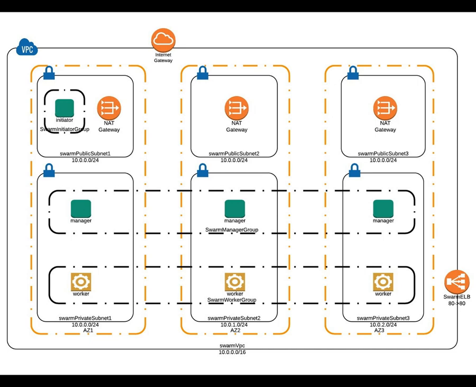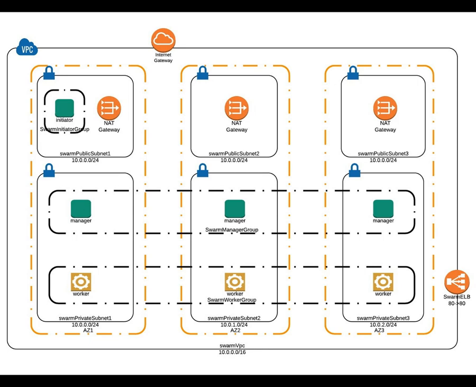Better. Okay. So 3 AZs, and then each availability zone has 2 subnets, a public subnet and a private subnet. You see that? Each AZ has a public subnet and a private subnet. In the private subnets, this is where we have all of our manager nodes.